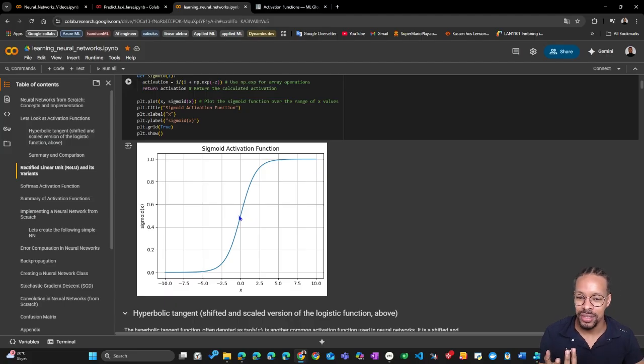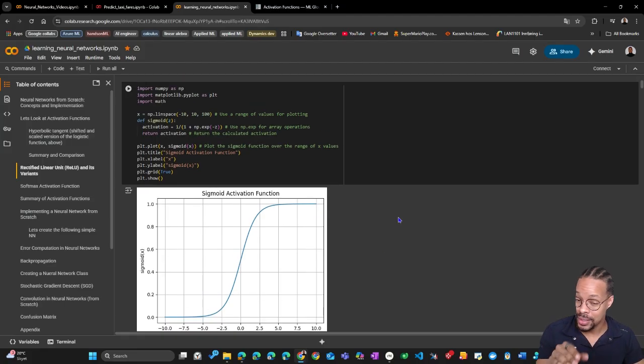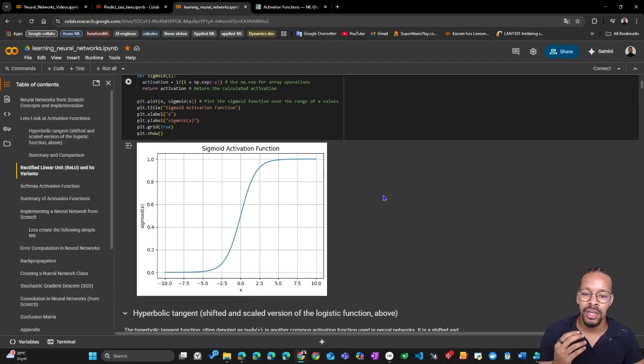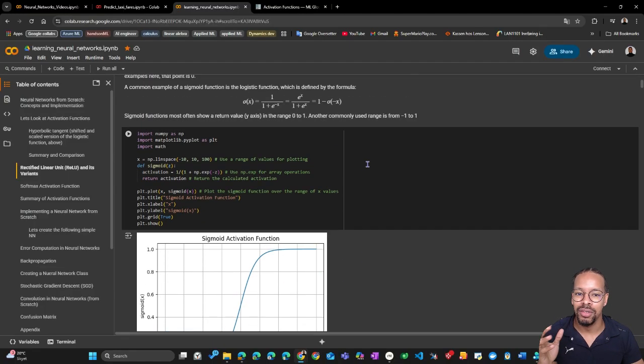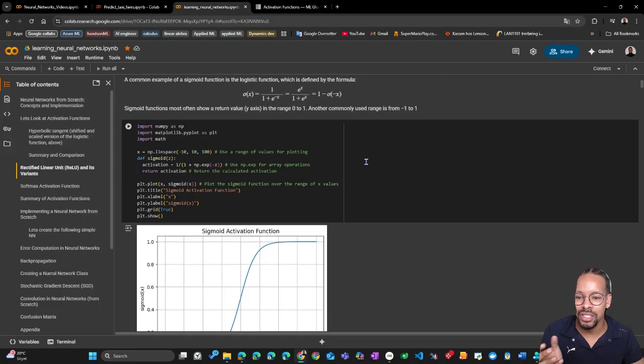As you can see here, about 0.5 for x equals 0. So this is the sigmoid activation function, and it's mostly used in the output layer. If you flip a coin and want to know if it's heads or tails, then you will most probably use this function. It's mostly used in binary classification.